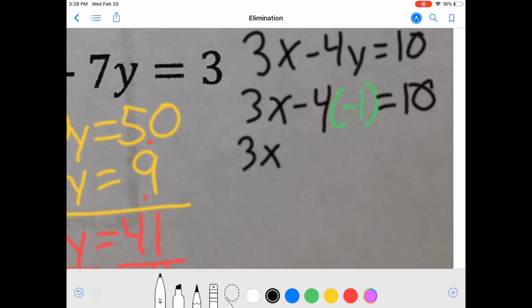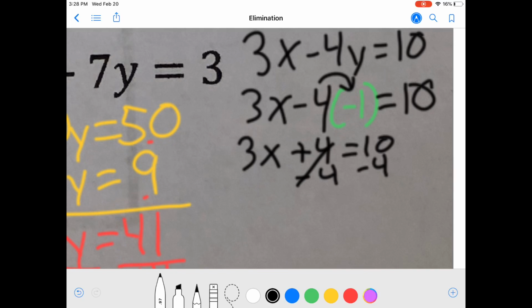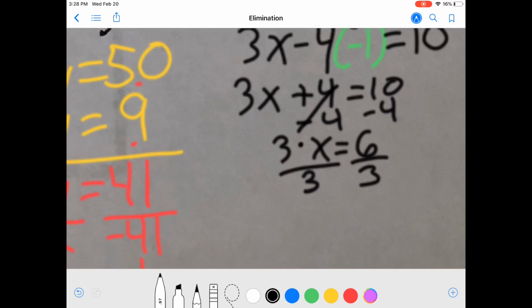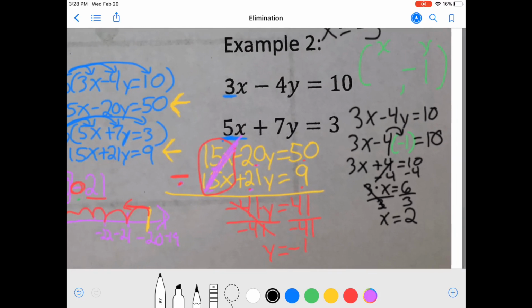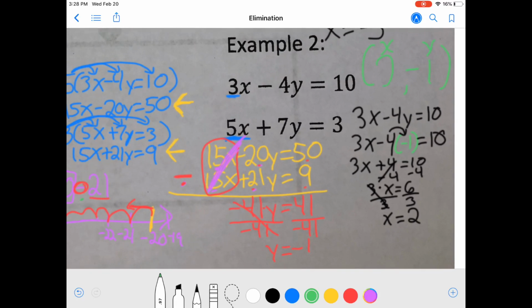So 3x plus 4 equals 10, since negative 4 times negative 1 is positive 4. We want to move the 4 to the other side, so we subtract. 3x equals positive 6. Then we divide by 3 on both sides, because there's multiplication. So we're left with x equals 2. So x equals 2 in our solution.